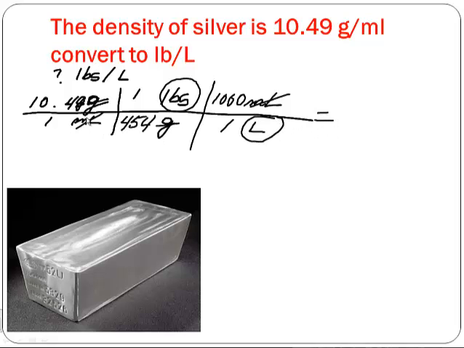So I'm going to go ahead and apply the rules. Top multiplies, bottom divides. 10.49 times 1. Of course, anything multiplied by 1 is the same number, so I can skip that step.